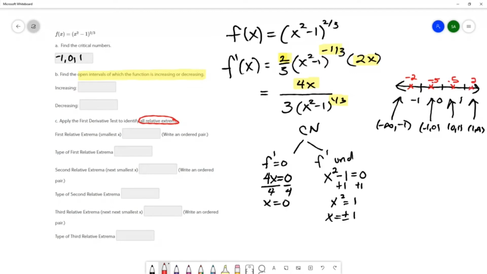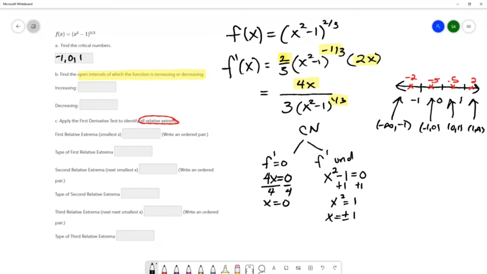I'm going to substitute those into the derivative to determine the sign of the derivative. If the derivative is positive, the function is increasing on that interval. If the derivative is negative, it's decreasing on that interval.